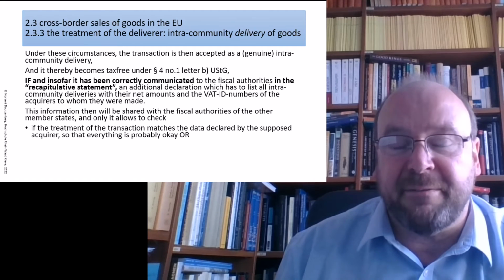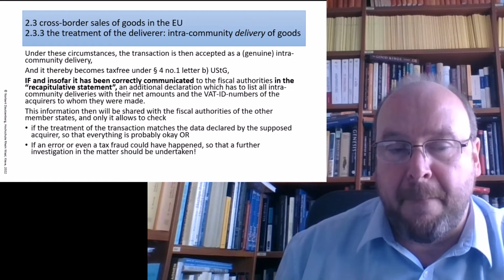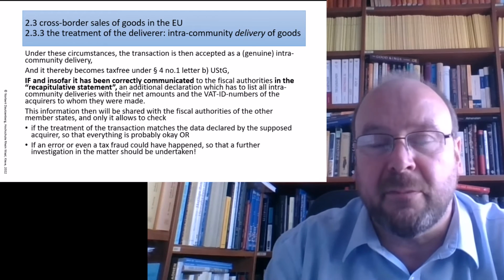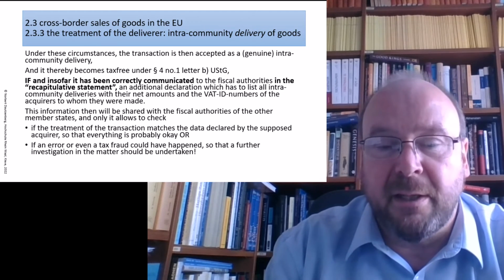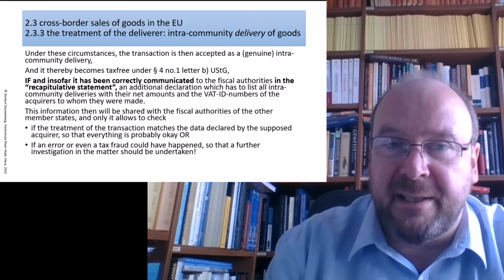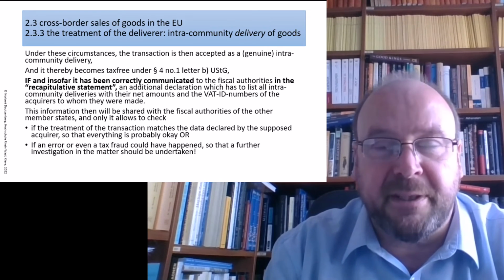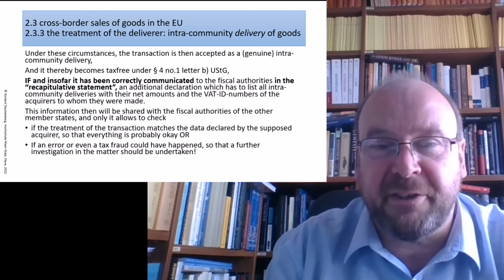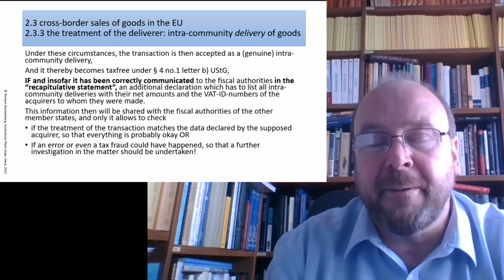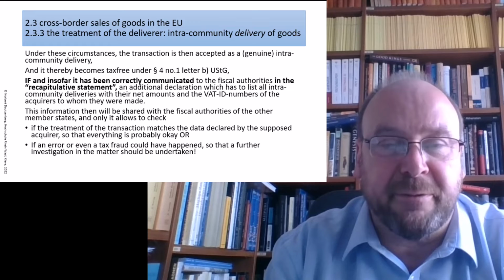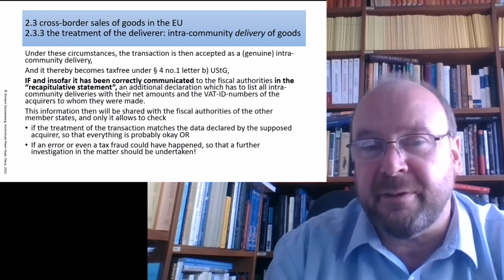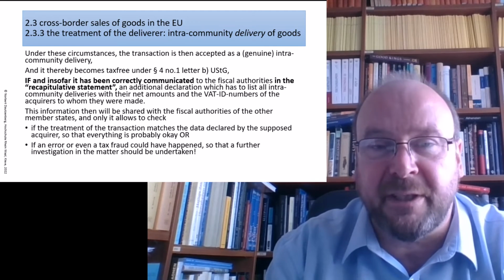That means if there is an error or even a tax fraud, then it will come up that the two declarations don't match. There will be investigations. If you wrongly declared in the recapitulative statement, you will have to rectify it.